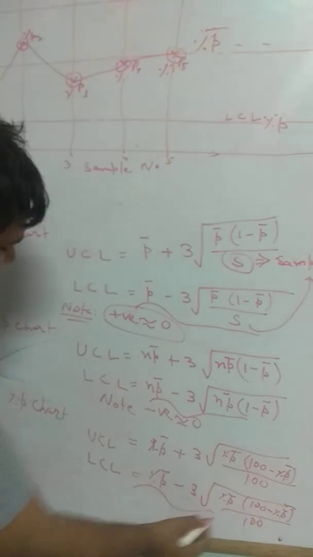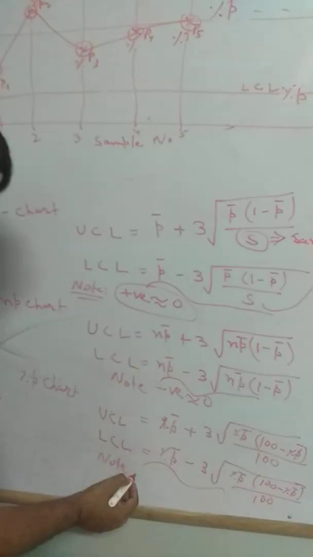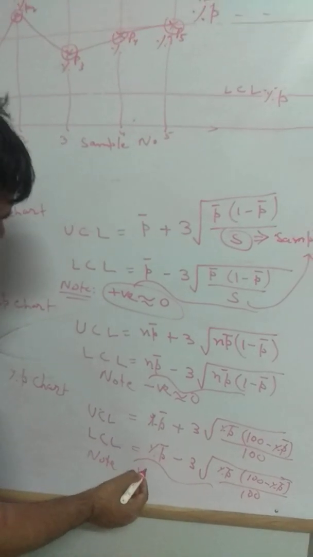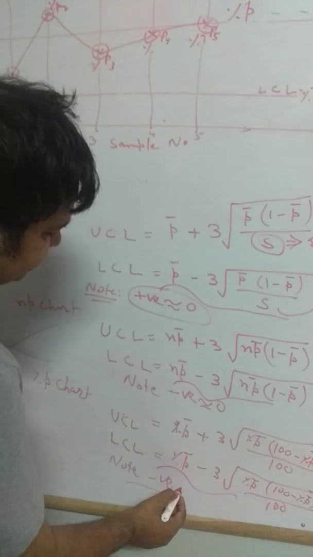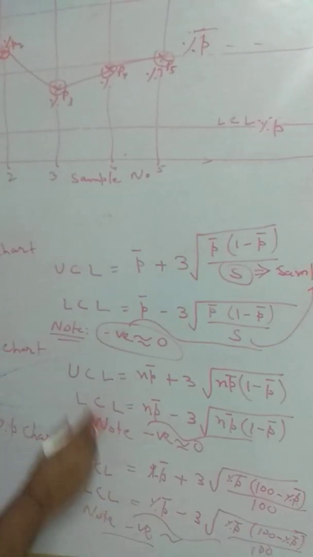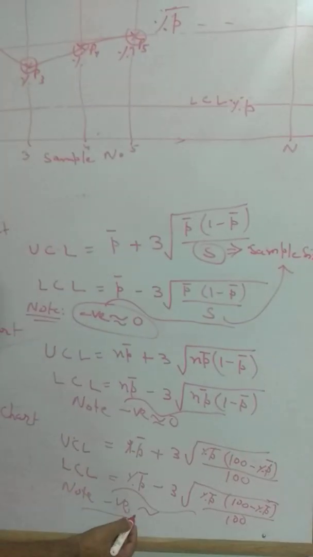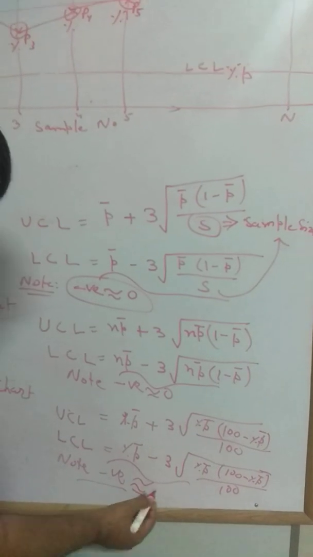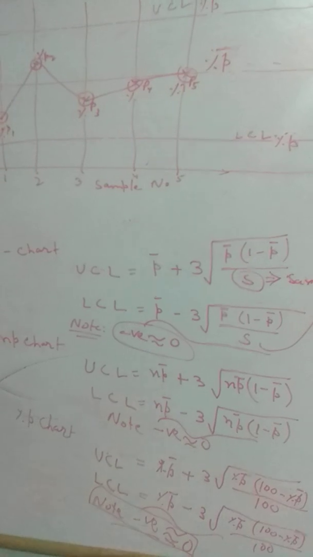And here also, if this value comes out to be negative, then it will be approximated to 0. This was the procedure.